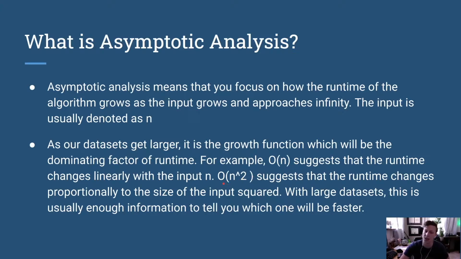And then when I say something like big O of n squared, it suggests that the runtime of my algorithm will become slower at a rate of the input size squared. So when I double my input size, when the array that I'm passing in is twice as long, for example, and it doesn't always have to be arrays, we're just using that as an example, then my algorithm will take 4 times as long to run.